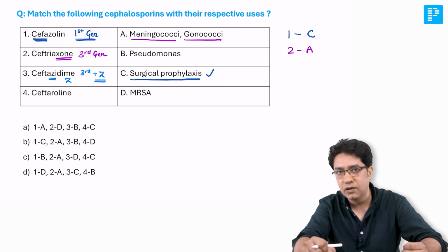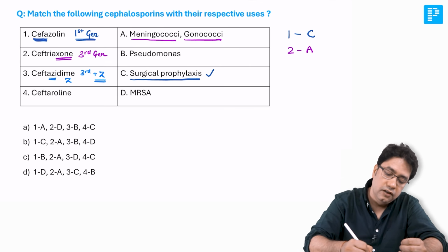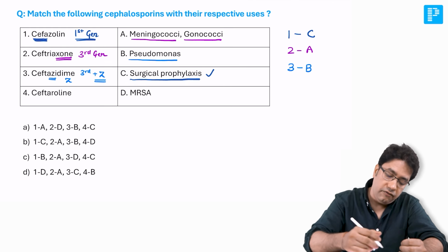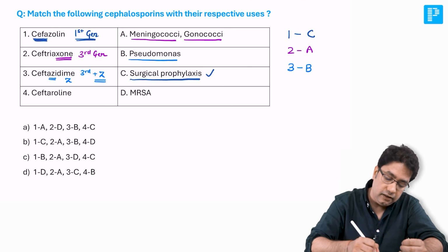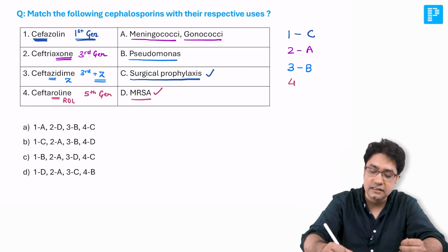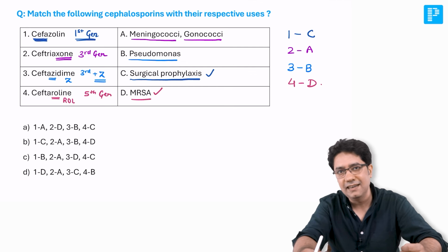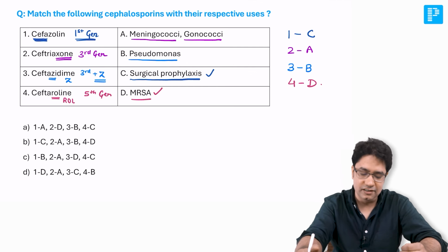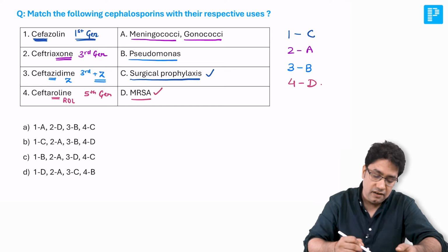And whenever the Z word comes, we will go with Pseudomonas. And lastly, we have ceftaroline. The ROL word is coming, so it is a fifth generation cephalosporin, and fifth generation cephalosporins are effective against MRSA, methicillin-resistant Staph aureus. So yes, our question will have the answer of option number B.